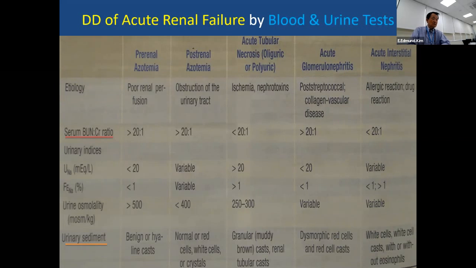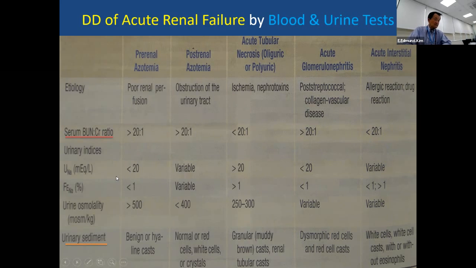So we have lots of differential diagnoses based on clinical BUN and serum creatinine. As I mentioned, the ratio is usually 15 to 20 normal; greater is usually pre- or post-renal, and less is intrinsic, but some glomerular causes are higher.